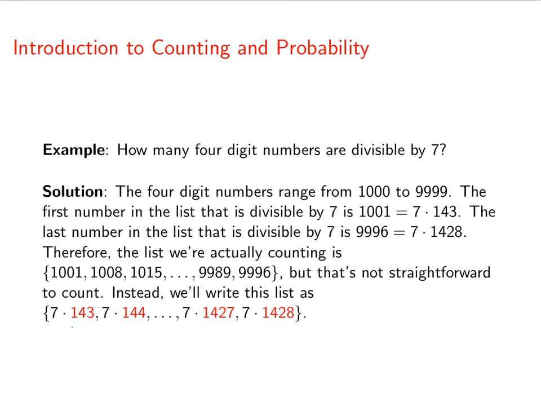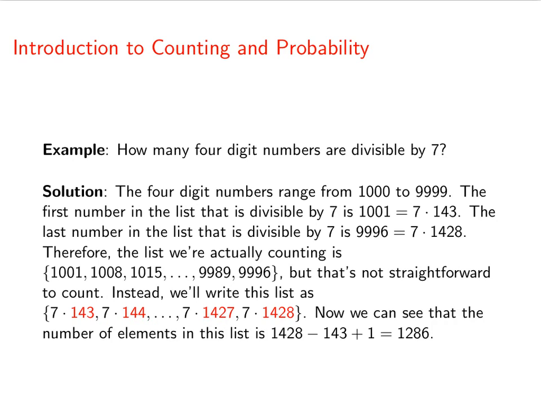Well, now if you think of this as just counting how many things are in this list from 143 to 1428, we get our answer. And the answer is 1,428 minus 143 plus 1, and we end up with a final result of 1,286. So that's how many 4-digit numbers are divisible by 7.